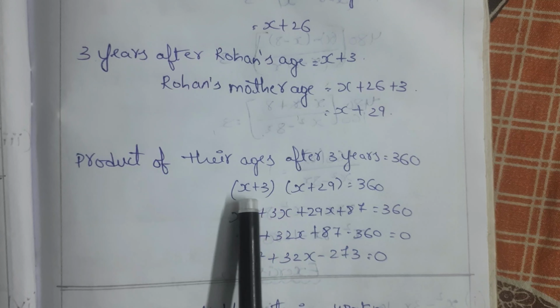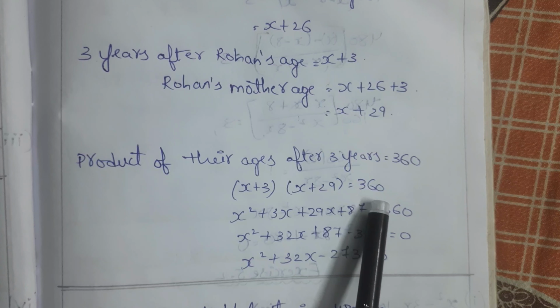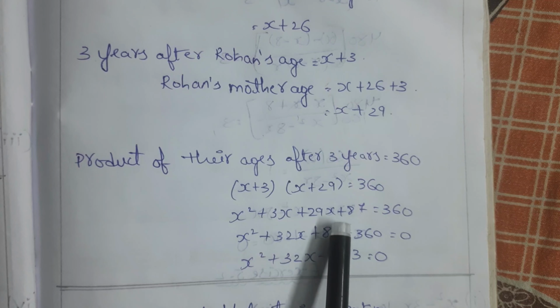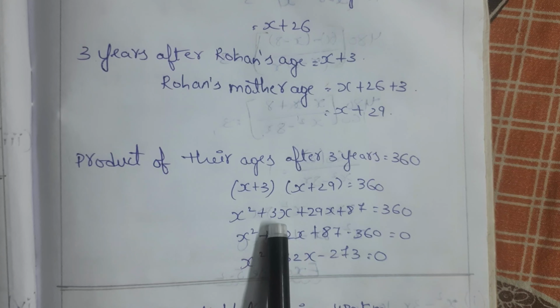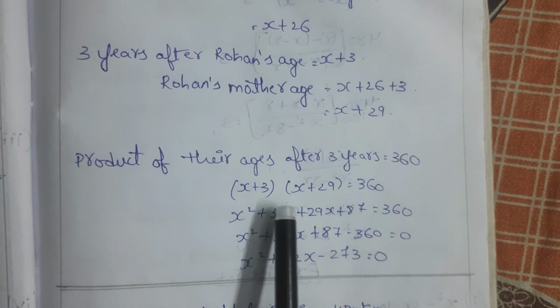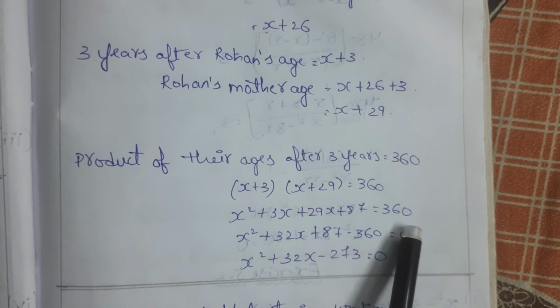Their multiplication, that means the product, is 360. We are equating with 360. That means x square plus 3x, x into x, x square, plus 3 into x, 3x, plus 29 into x, 29x, plus 29 threes are 87, is equal to 360.